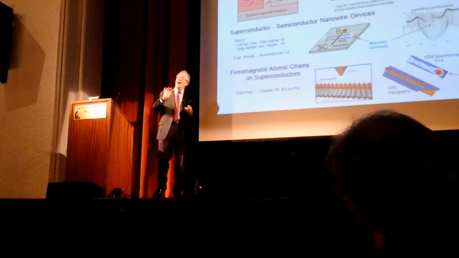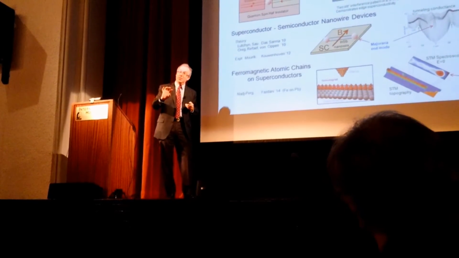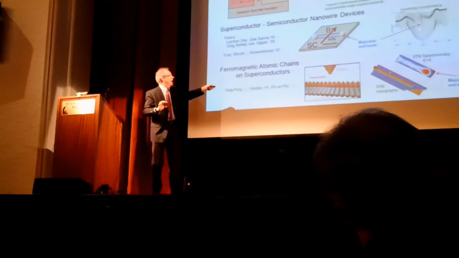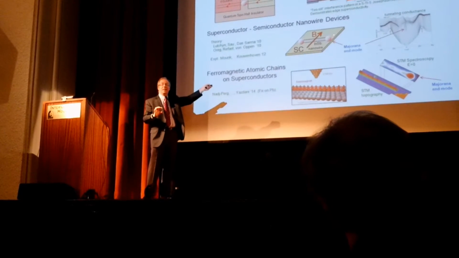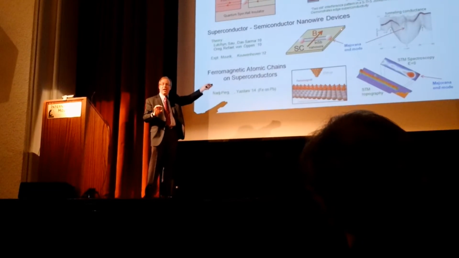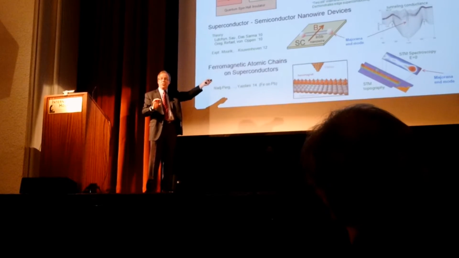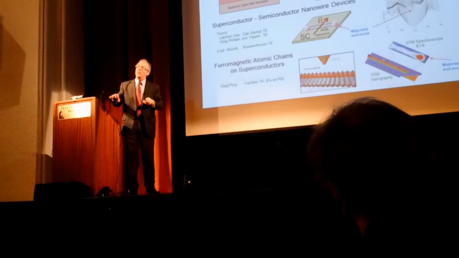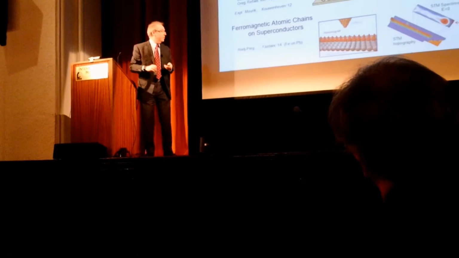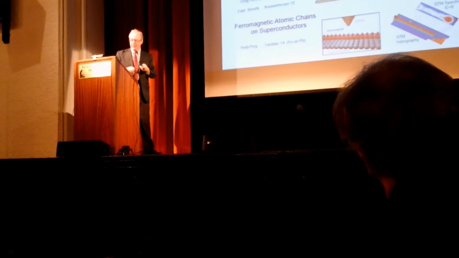But another challenge for the experiments is to figure out how to actually take advantage of the quantum information that can be stored within these. So that's an even bigger challenge. But this is something which we are highly motivated to do, and there's a lot of activity in that direction.